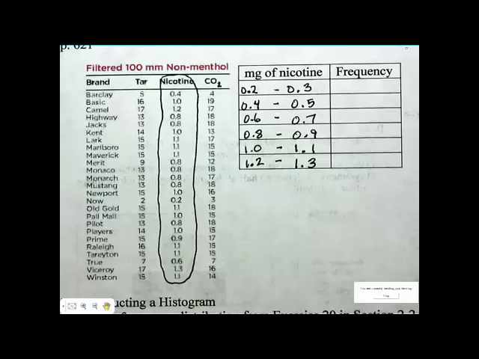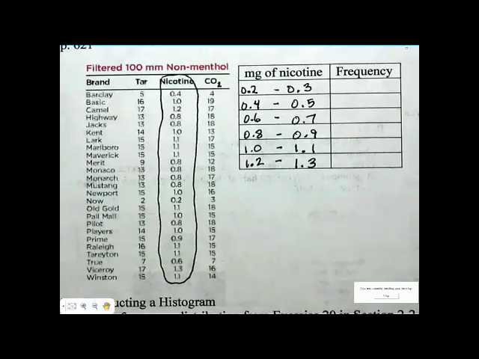All right. Now we just need some tally marks. I'm going to start this process to make sure that you understand what I'm tallying, but then I'll just tell you what I got for the other classes. Cigarette brands with amounts of nicotine between 0.2 and 0.3. Actually, that's not the easiest way to do it.